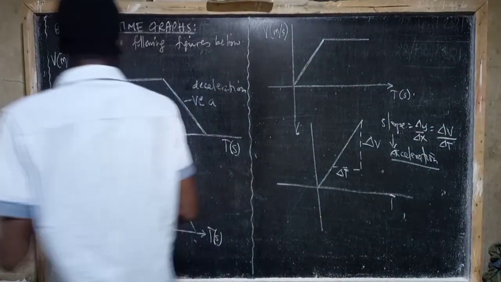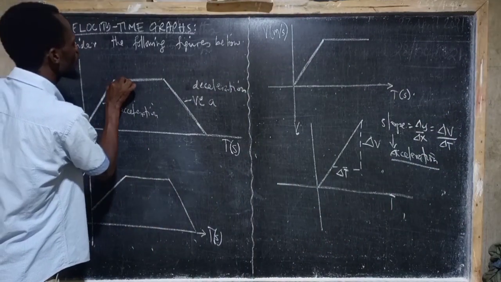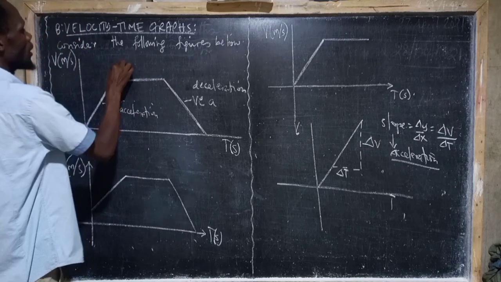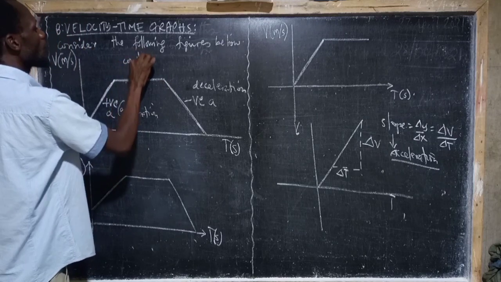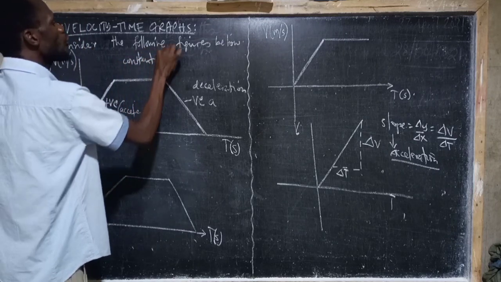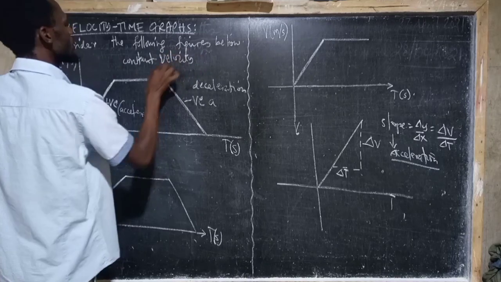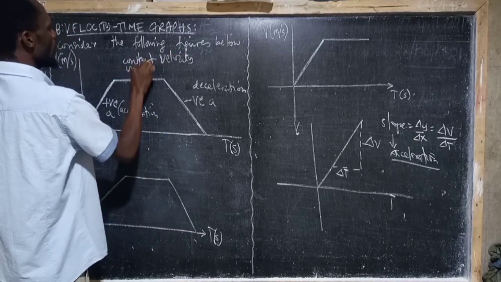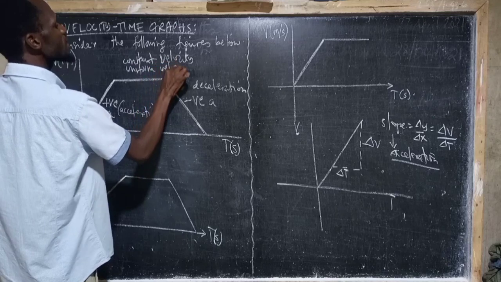So this horizontal line represents constant velocity, or uniform velocity, which means there is no acceleration.